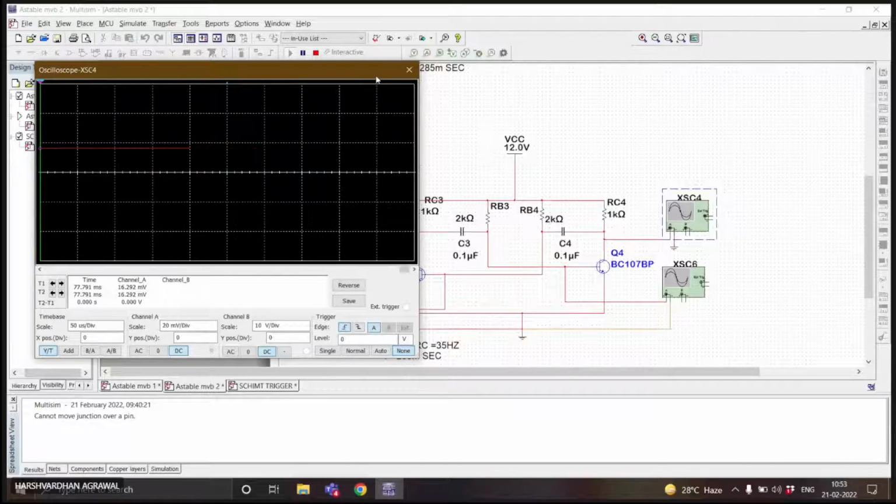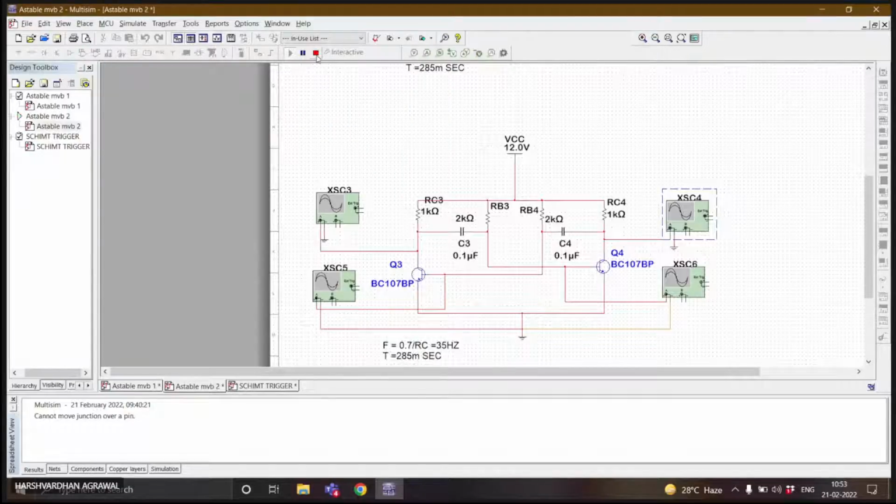Ma'am, again, we are getting the same thing. Why is it happening? Actually, this can be corrected. If we are lowering the values of resistances, that can only correct the triangular shape or that square shape you are getting at the output.